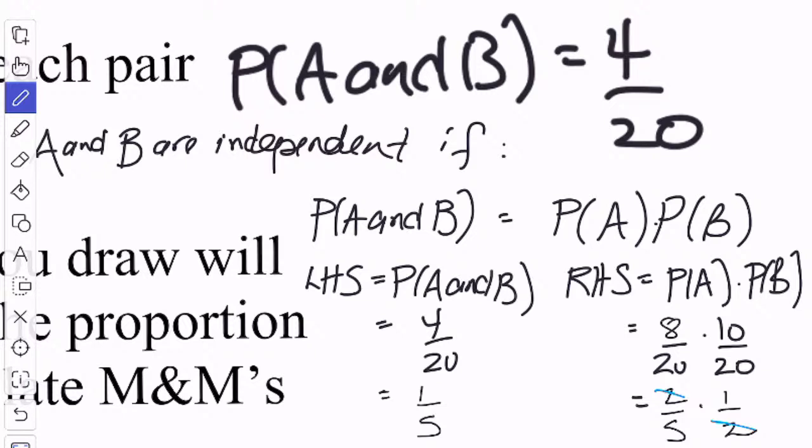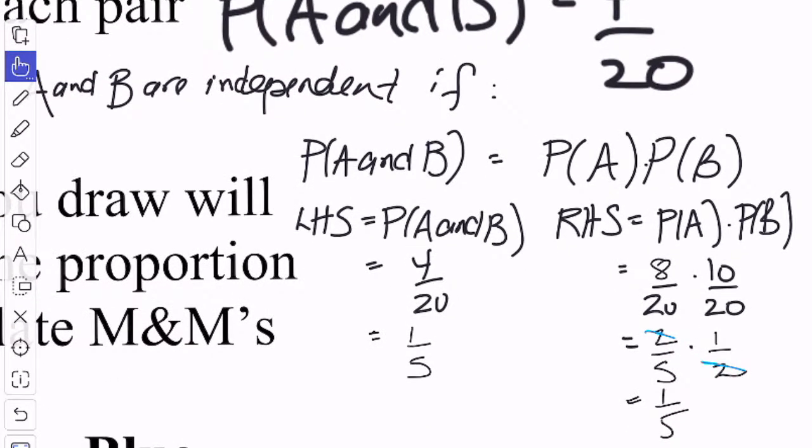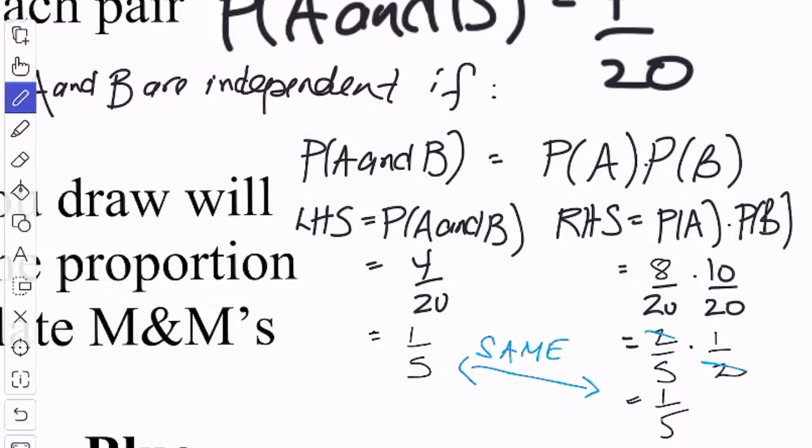If you want to use fractions, that's fine too, to see this result. So it turns out that the chance of A and B happening is the same as multiplying A's probability by B's probability. This implies that the events are independent.